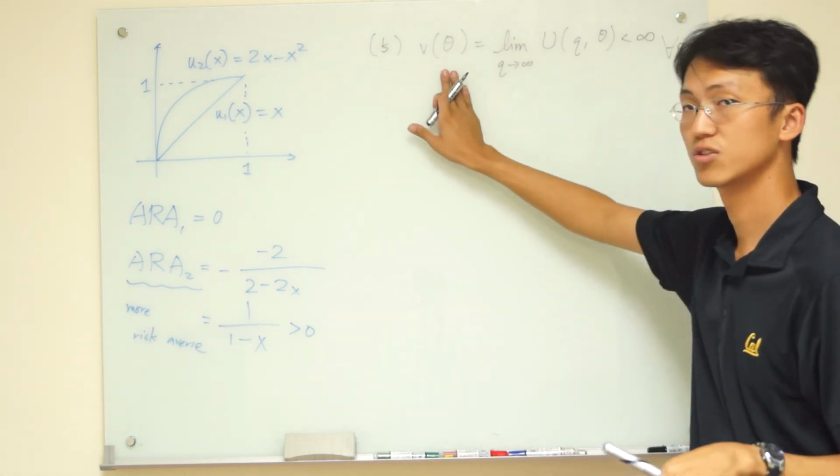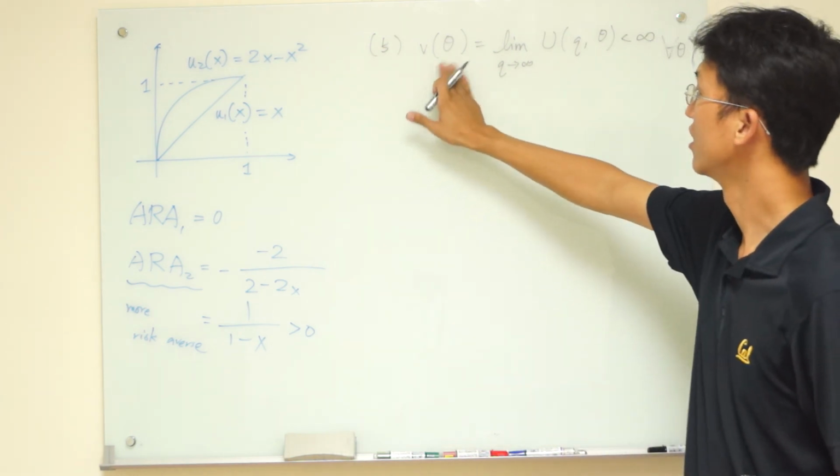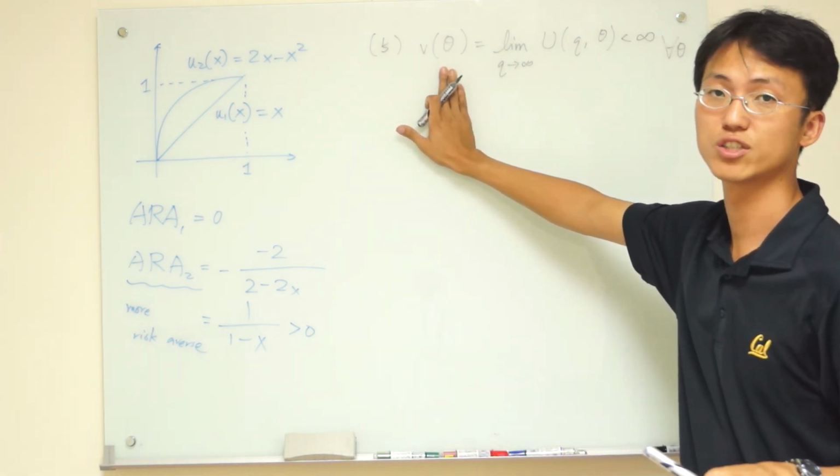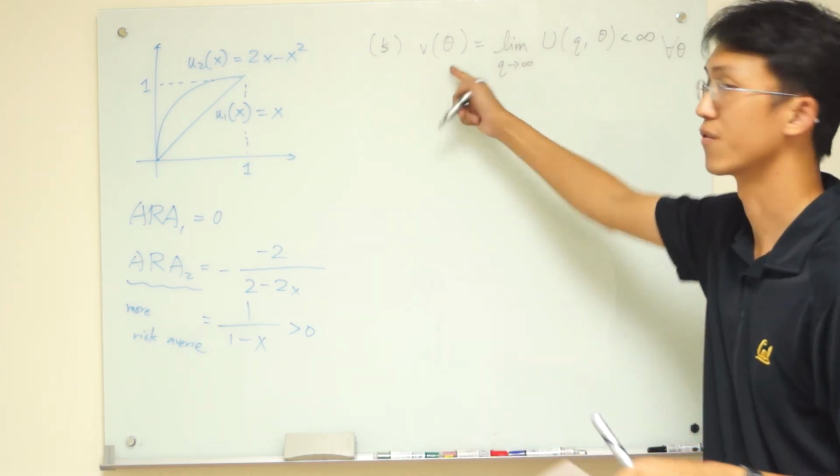Your utility is somehow bounded above, and the most you may get, according to your type, is a function called v of theta.